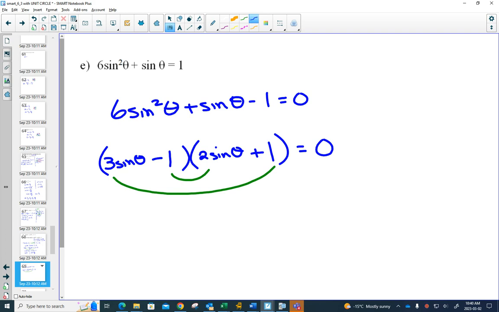I quickly check, multiply this all out. My last one works to -1. My first ones work to 6 sine squared. Outside and inside work as well. So now I can split it here, and I get sine of theta is 1/3. And sine of theta is -1/2.